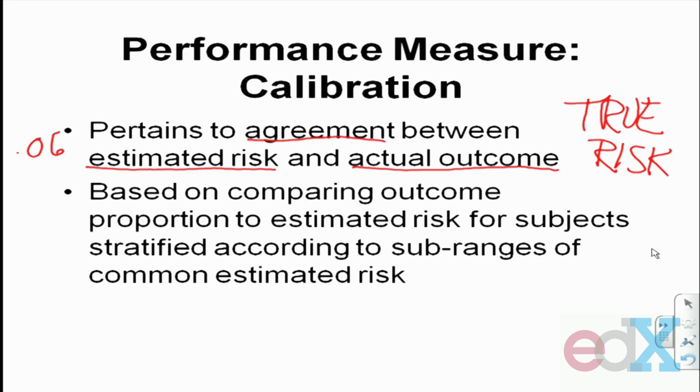What I can measure, since I can't measure an individual, is I could measure it on a group of individuals. So what I'm going to do is compare actual outcomes to estimated risks for groups of people who have a common range of estimated risk.